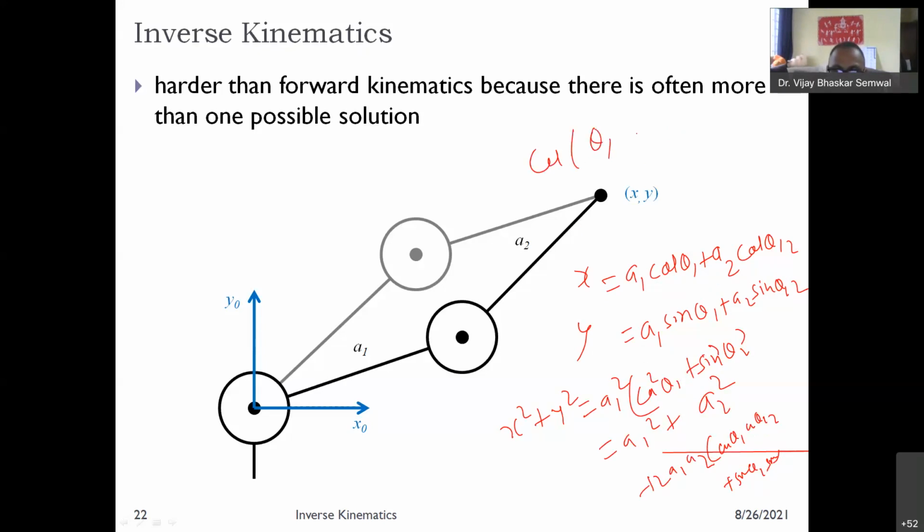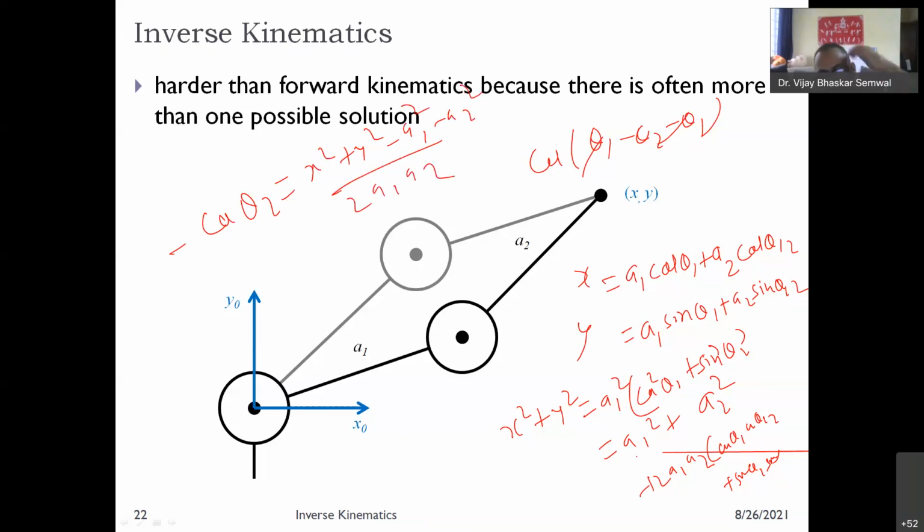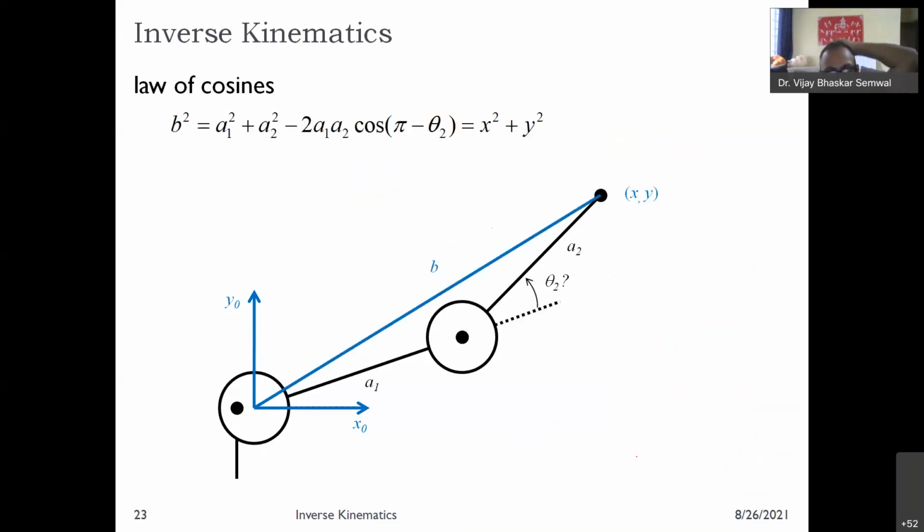So you get cos theta 2 from here: x square plus y square minus a1 square minus a2 square, divided by 2 a1 a2. That is what I get from here, and this is written here.